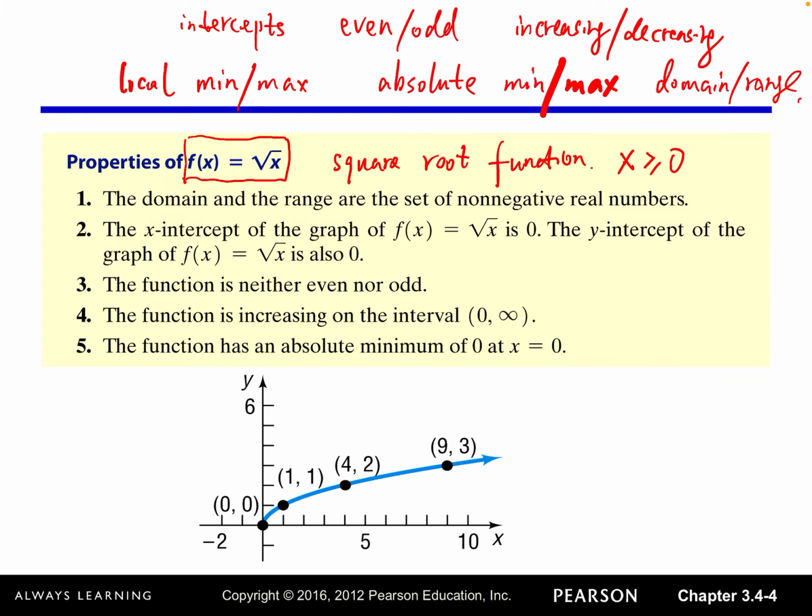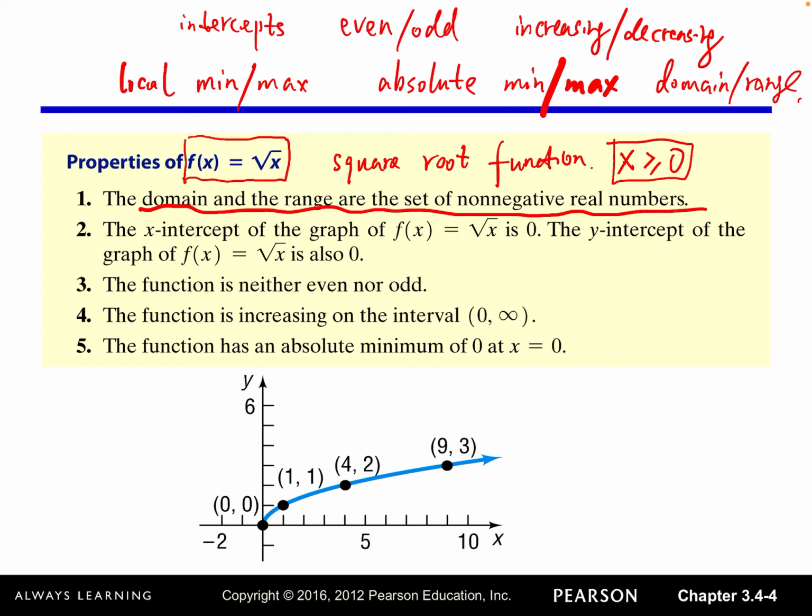All right, so first we can find the domain. Domain is x must be a non-negative number. What about the range? Range is the same, non-negative real numbers. So domain and range are sets of non-negative real numbers.